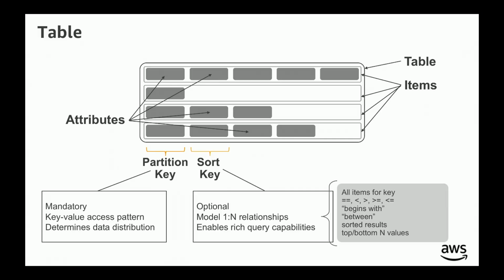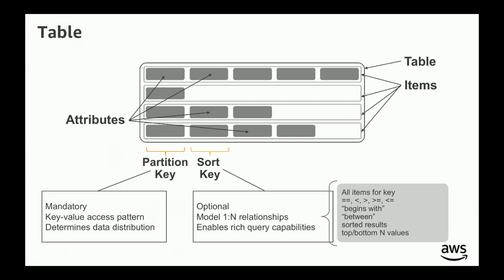Records in DynamoDB tables are called items, and each item has attributes. From one item to the next, the attributes can be very different. The only thing that has to be there is the partition key, and of course if you're using the sort key, it has to be there as well.